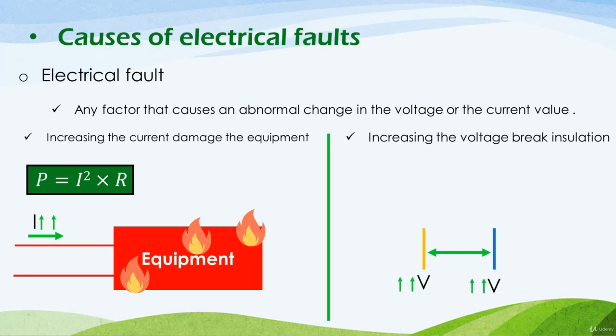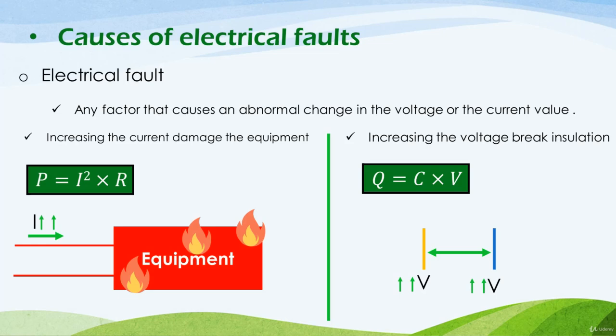So the voltage between the two phases will increase greatly, and as we have a relation saying that the electric charge equals the capacitance times the voltage, we can consider the capacitance to be the insulation between the two phases, the air insulation. So the air insulation now represents the capacitance or the dielectric strength.